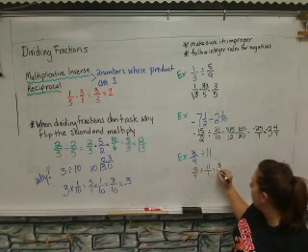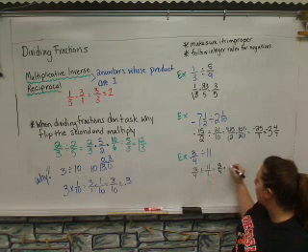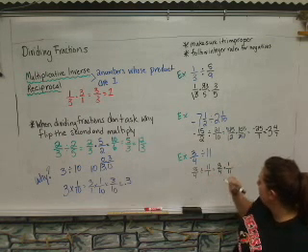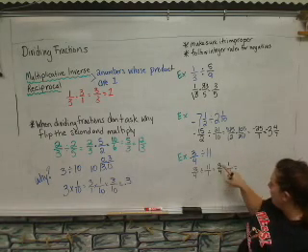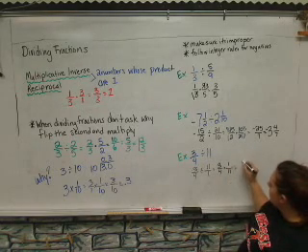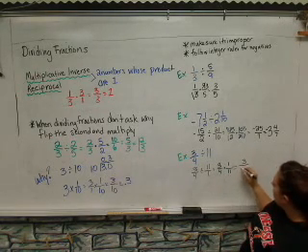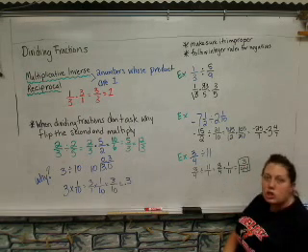We take 3/4 and multiply by the multiplicative inverse of 11 over 1, which is 1 over 11. I don't think there's any cross-reducing I can do here. 3 and 11 are reduced, and 1 and 4 are reduced. So 3 times 1 is 3, and 4 times 11 is 44. My answer is 3 over 44.